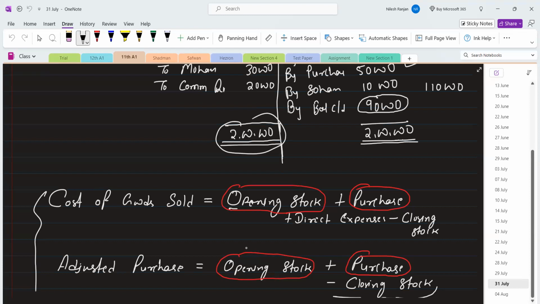Write this down. So this one also adjusted purchase. Yes.